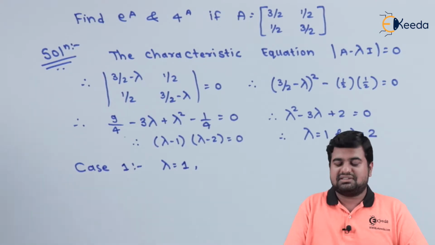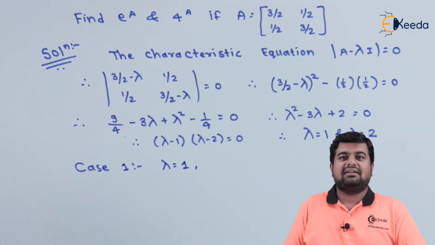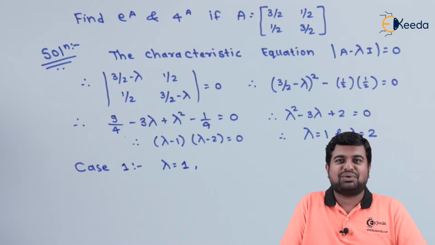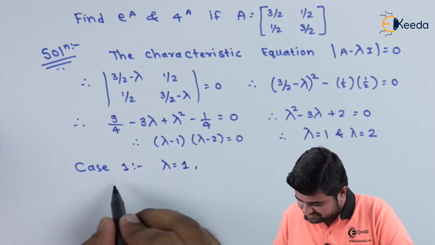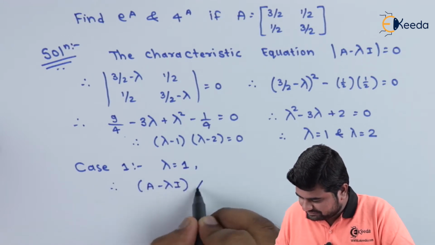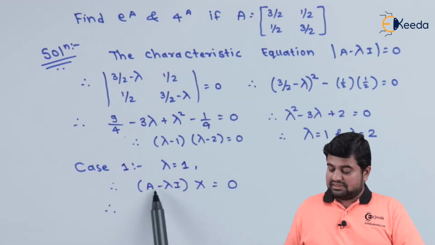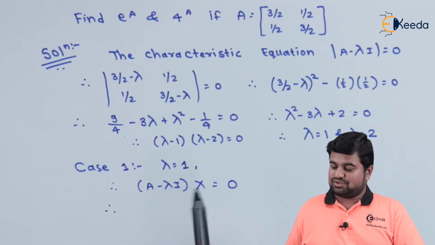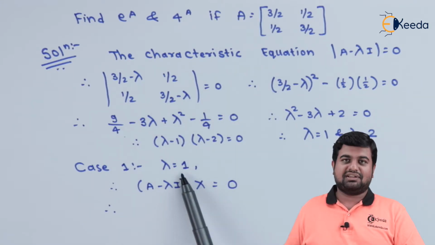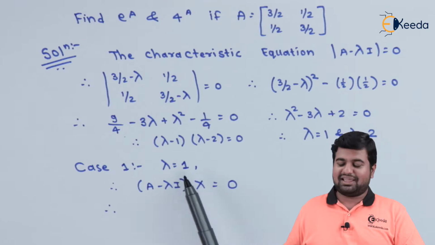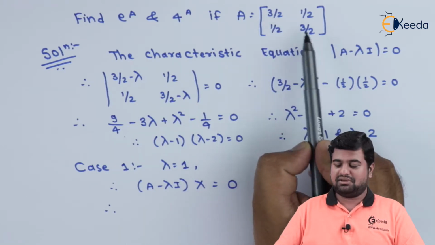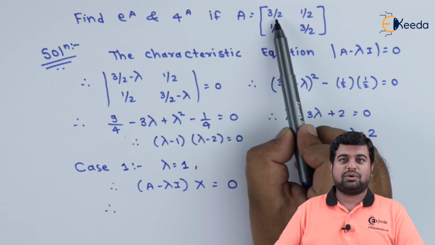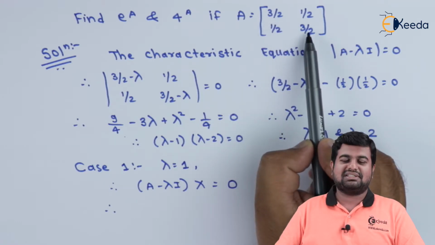In case 1 we consider lambda is equal to 1, and while calculating the eigenvectors we consider the characteristic equation, which is (A minus lambda I) into capital X, the eigenvector, is equal to O, which is the null vector. In this case, A minus lambda I, I am going to subtract lambda equal to 1 from all the diagonal elements. 3 by 2 minus 1 is nothing but 1 by 2, and 3 by 2 minus 1 is nothing but 1 by 2.